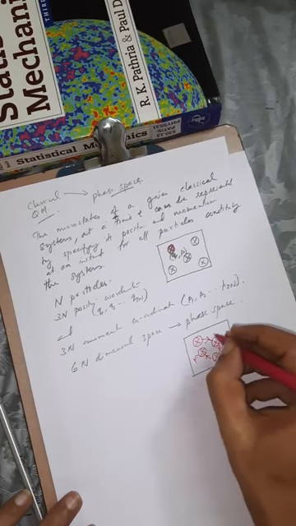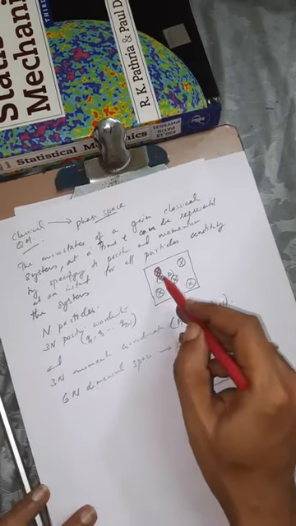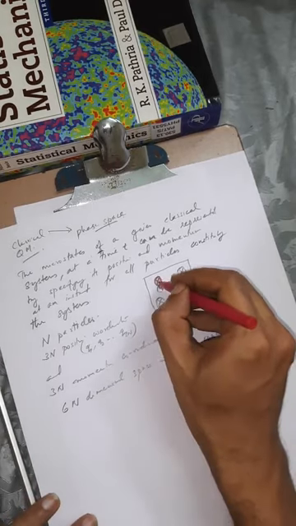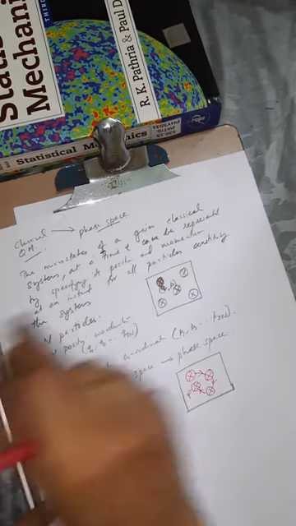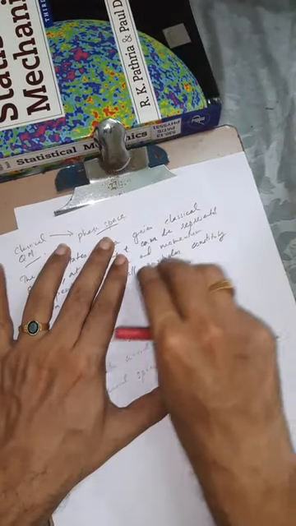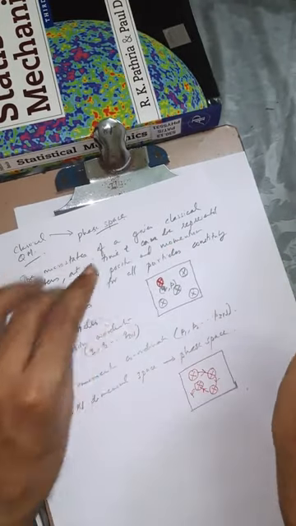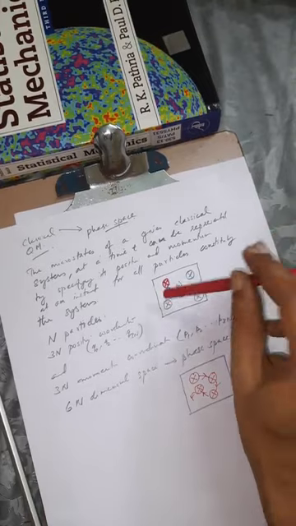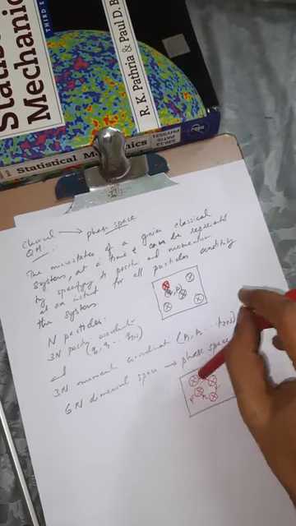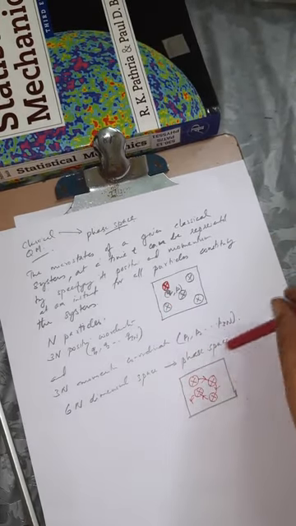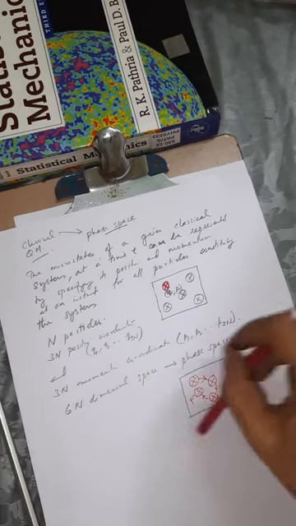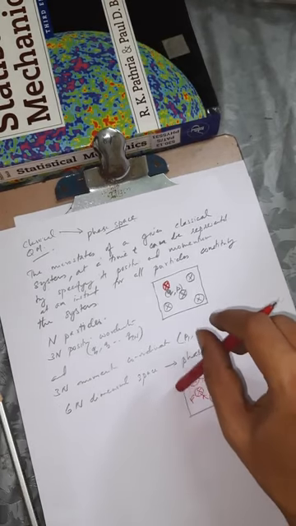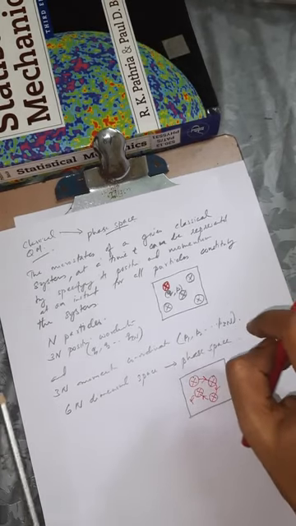So if I take only this microstate, it will keep on moving within this space which is defined by the Hamiltonian.